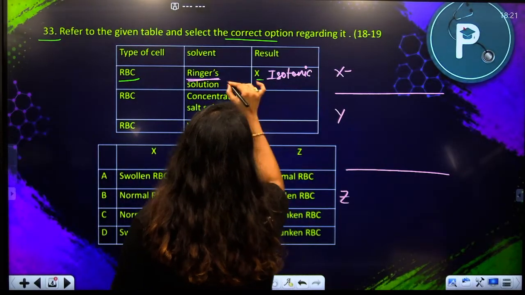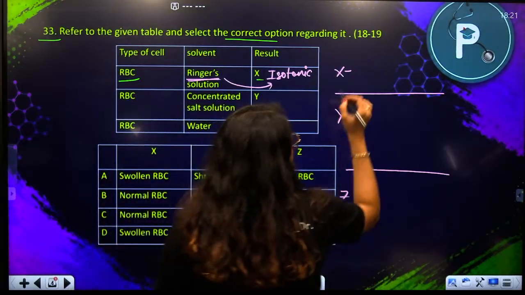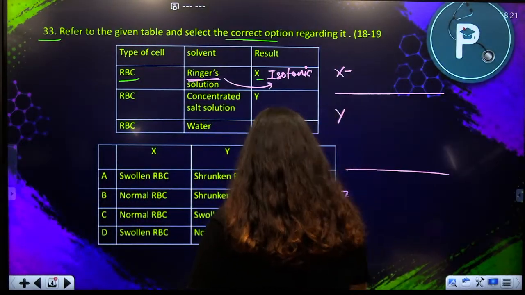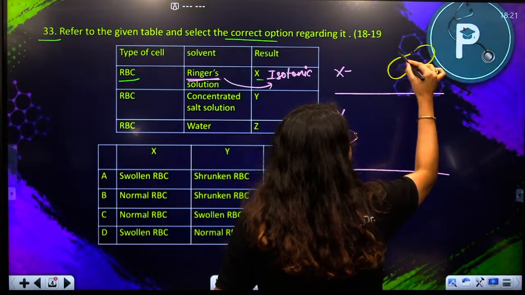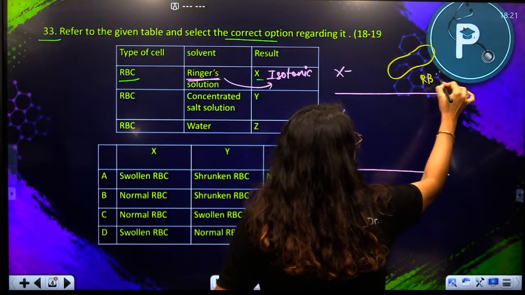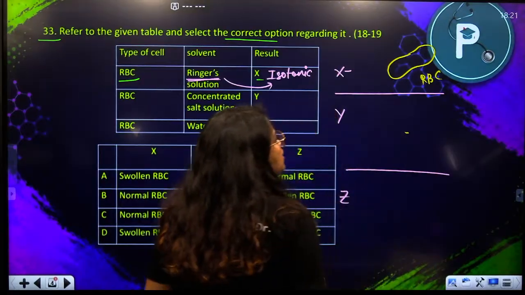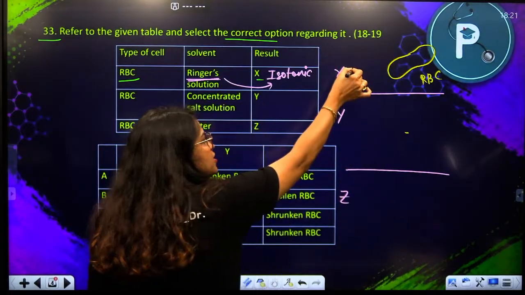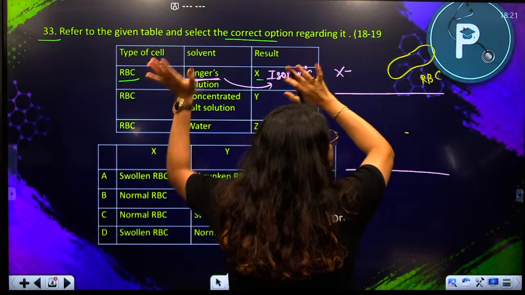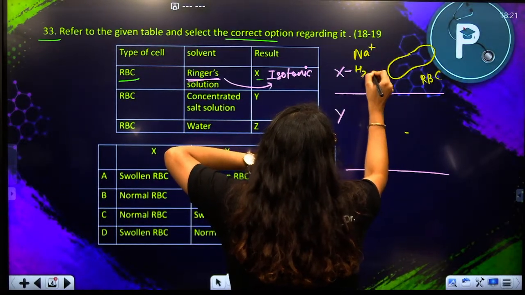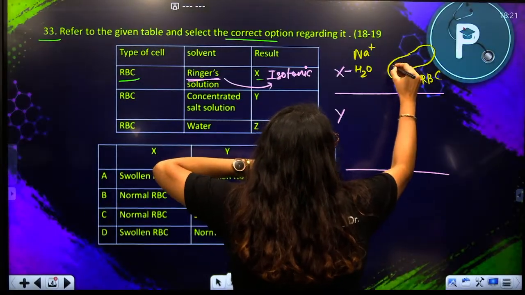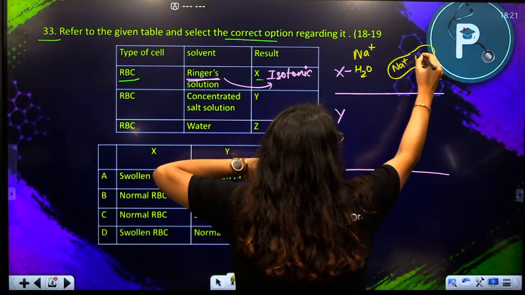Ringer's solution is isotonic. Isotonic means the solution and the RBC, if I draw an RBC here, suppose this is an RBC. I'm going to draw RBC everywhere. So RBC and Ringer's solution have the same amount of electrolytes and H2O. They have the same amount of Na+, that is electrolyte, and H2O.